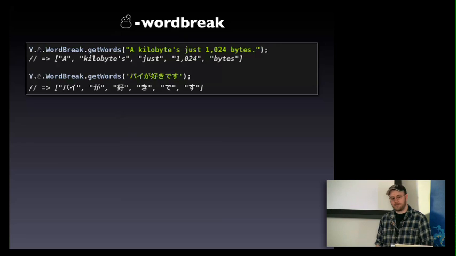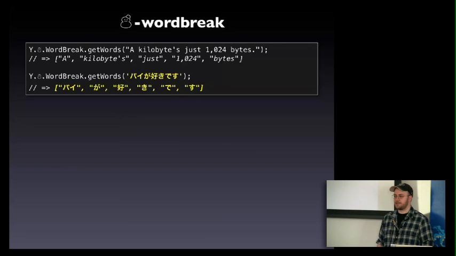If you call Y.Unicode.WordBreak.getWords, you can pass in a string, and it'll return an array of the individual words in that string. So you can see here, it's been a little smart about not breaking apart the apostrophe or the thousands separator. This is just one example of where we start to bump up against edge cases.